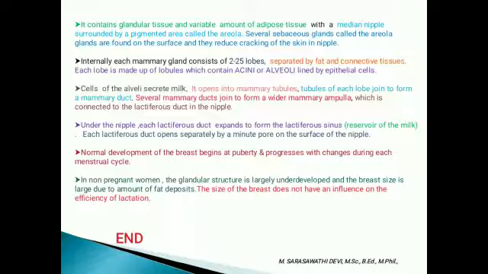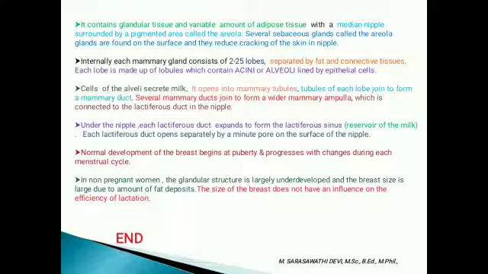Each lobe is made up of lobules which contain acini or alveoli lined by epithelial cells. Cells of the alveoli secrete milk. They open into mammary tubules. Tubules of each lobe join to form a mammary duct. Several mammary ducts join to form a wider mammary ampulla, which is connected to the lactiferous duct in the nipple.